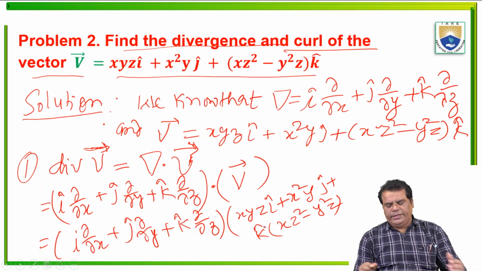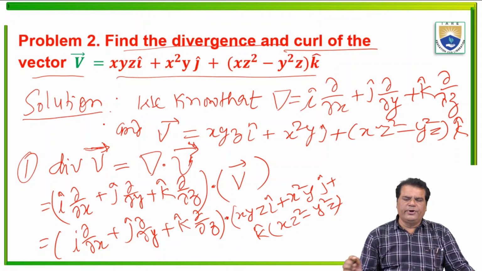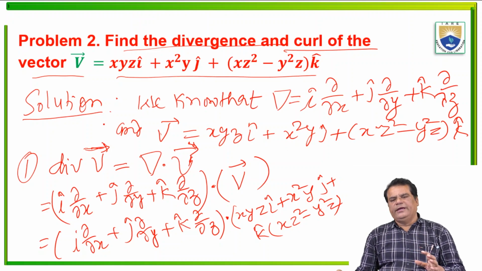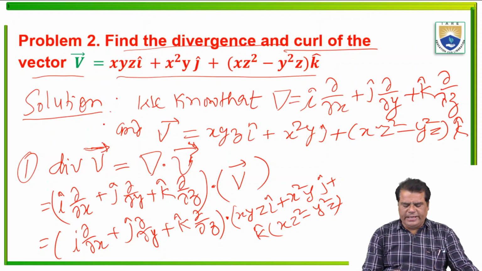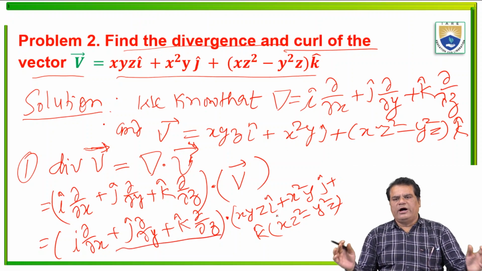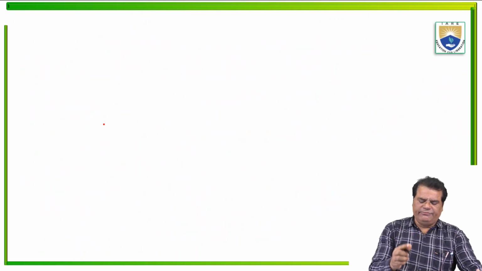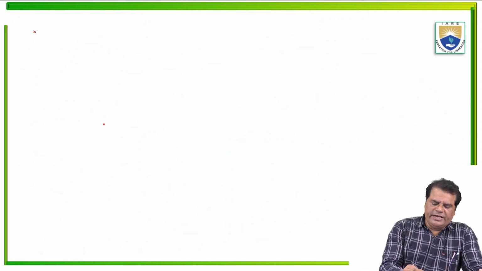So now here we apply the dot product between these two components, this is del and this is vector v. After taking the dot product, we write this. This is the divergence of v.